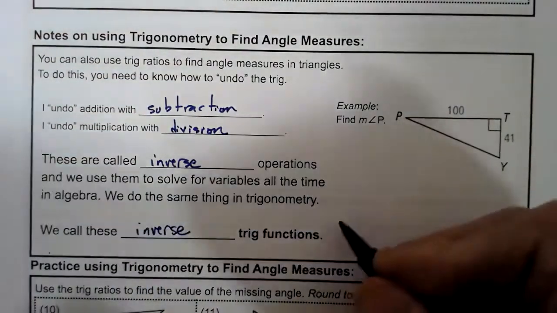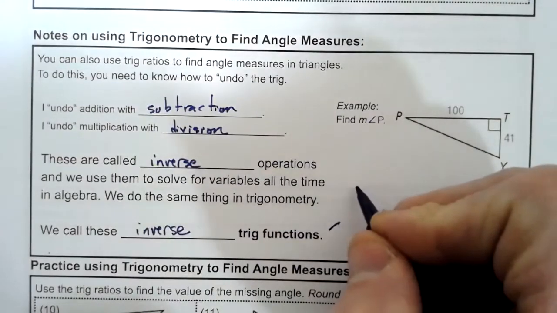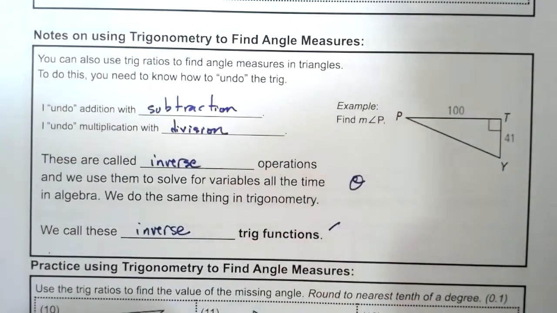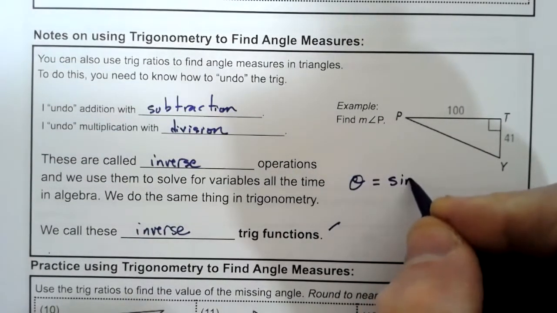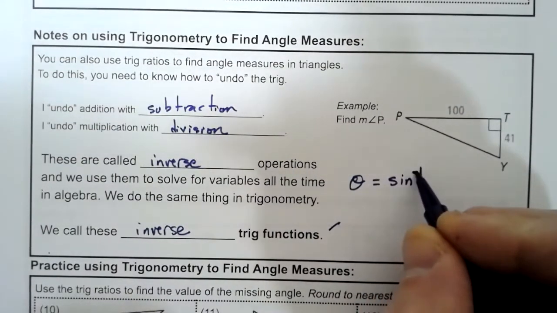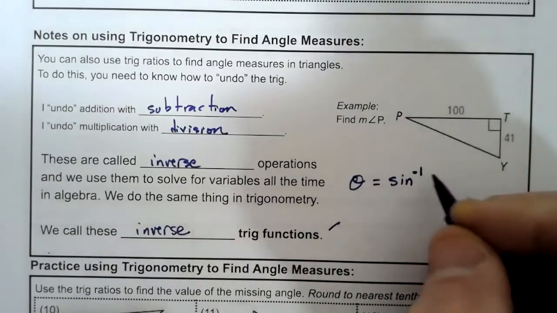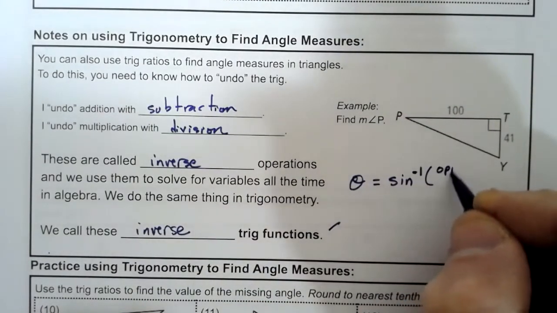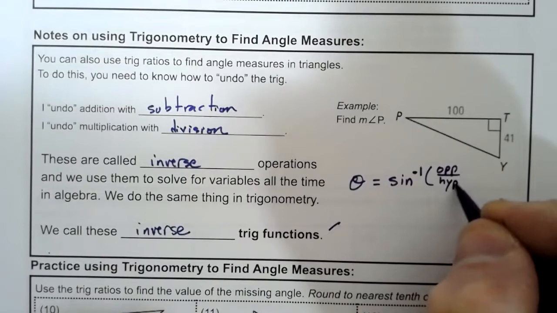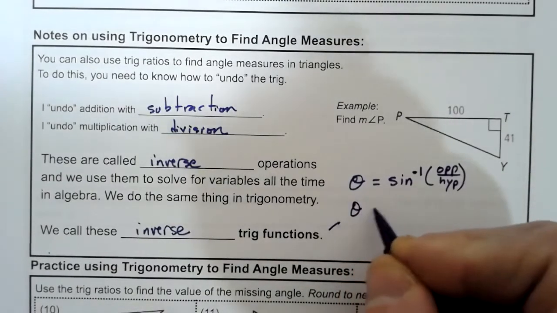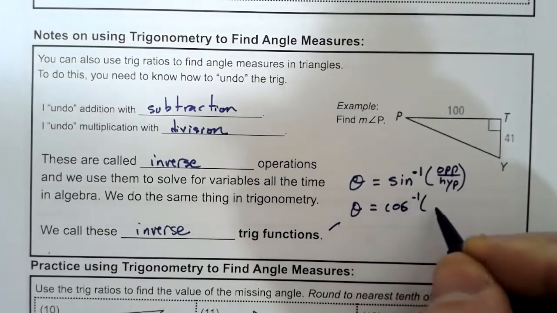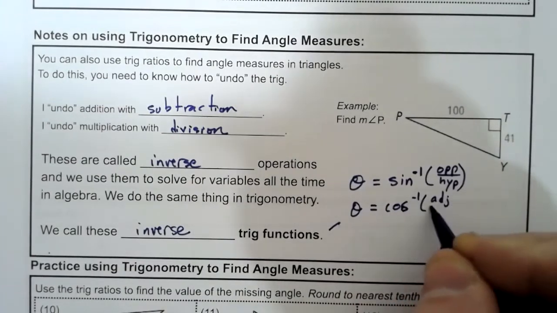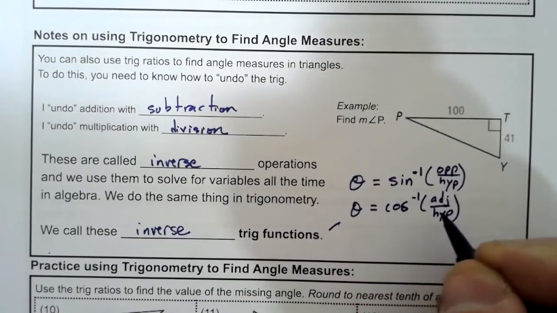Okay, what do they look like? They look like this. Theta, the angle that we're solving for, could equal the inverse sine, the sine to the -1 power, that's how we write that, of the opposite over the hypotenuse. Theta could equal the inverse cosine of the adjacent over the hypotenuse.